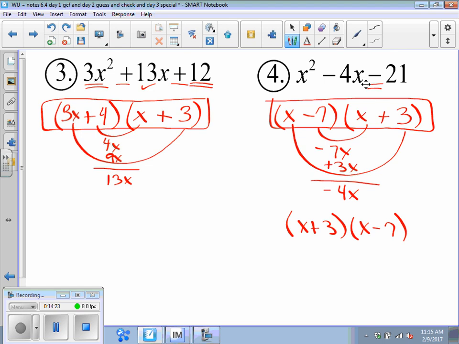Okay. The last part of this is, just like we did yesterday, factor then solve. These are just factoring. Now we're going to solve.